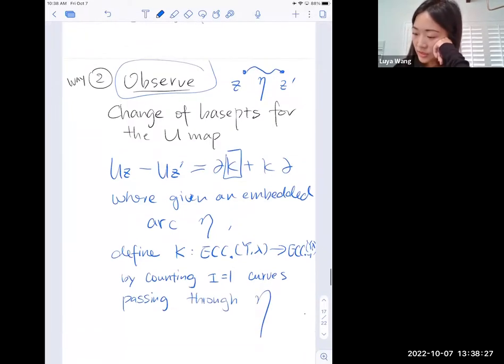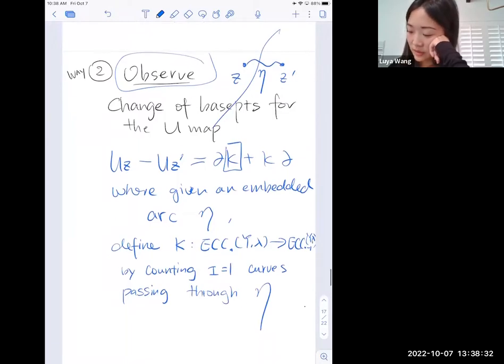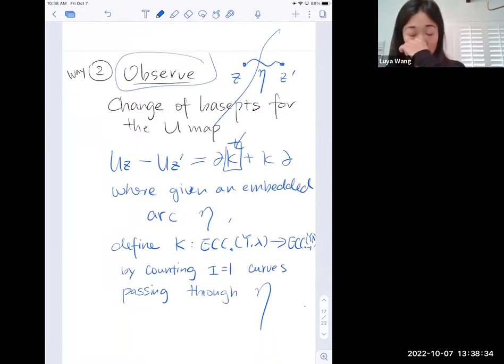So you're counting ECH index 1 curves that pass through eta, you still pick out a 0-dimensional moduli space, and you can still define K.